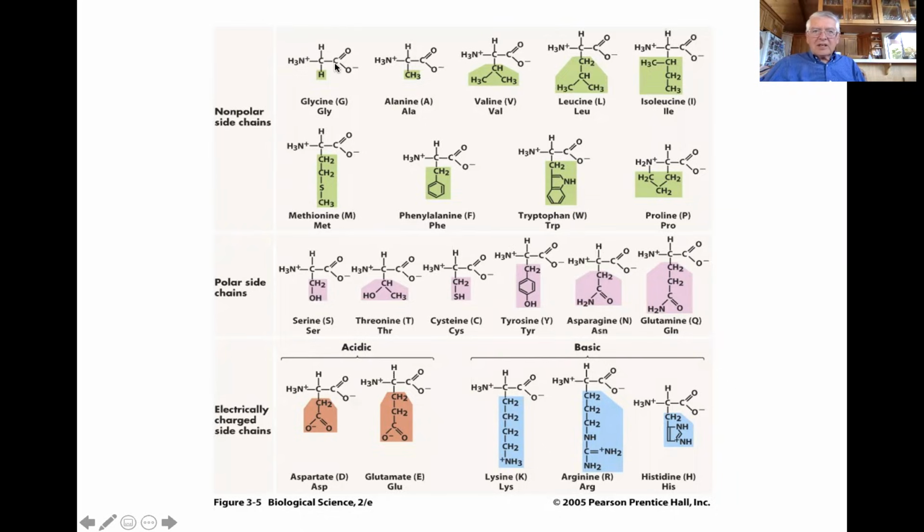So the carboxyl group is carbon connected to 2 oxygens, tends to be negative. So this oxygen here, O-, will readily and often bind H+, which it gets out of water. Water is H2O, and water can dissociate to make H+. So often this will have a hydrogen on it.